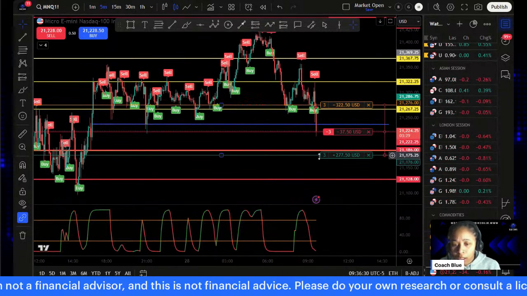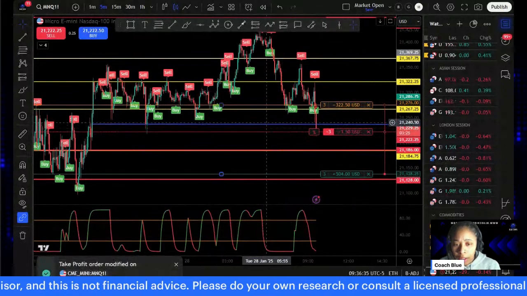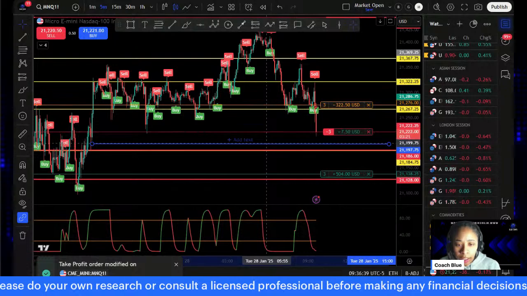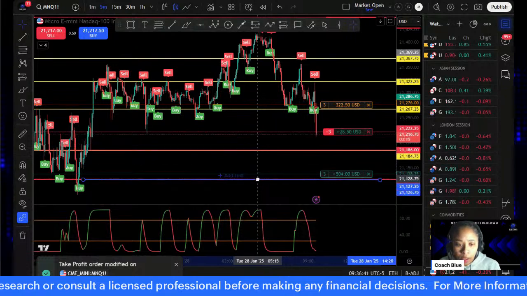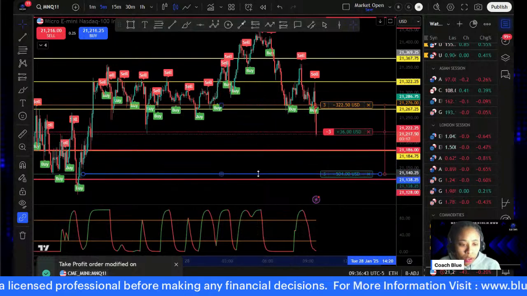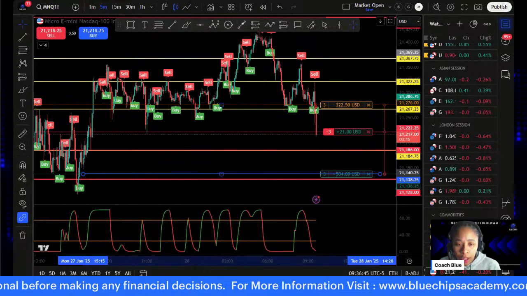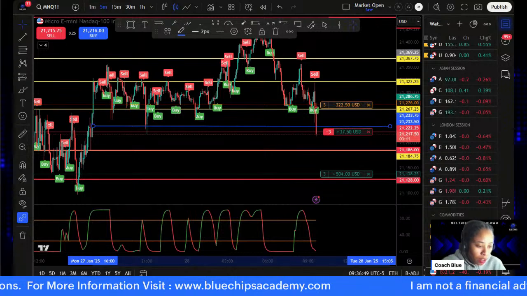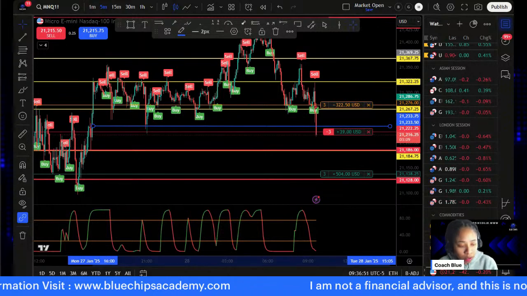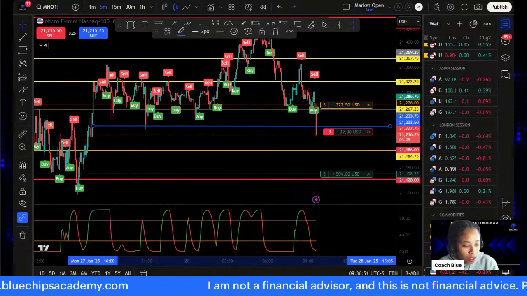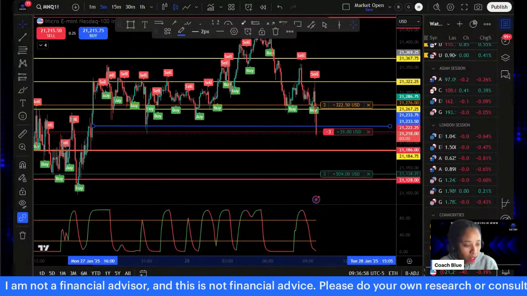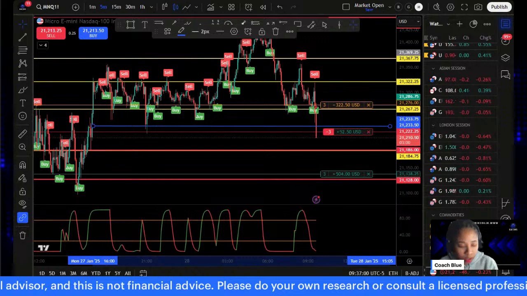TP1 would be 21,197, and then TP2 is 21,138. Those are the two levels. I'm going to put that in the chat for the sell, and let's watch this trade and see how it does.